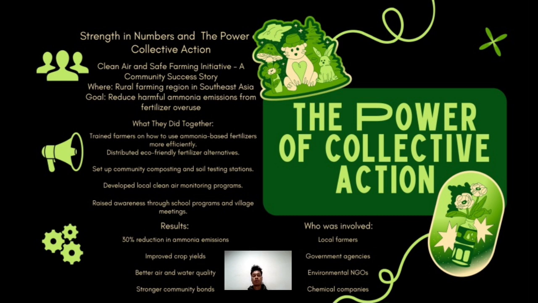The people involved in this are mostly local farmers and sometimes government agencies, environmental NGOs, and also companies, chemical companies. They are involved to show that ammonia can be good for the environment and also show a better quality of their environment.